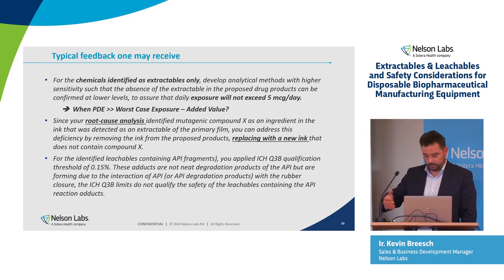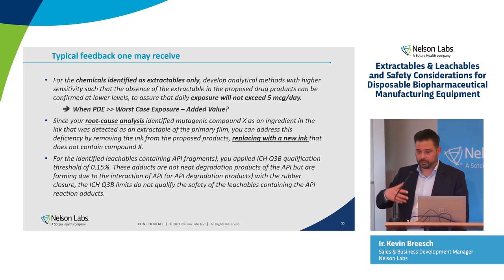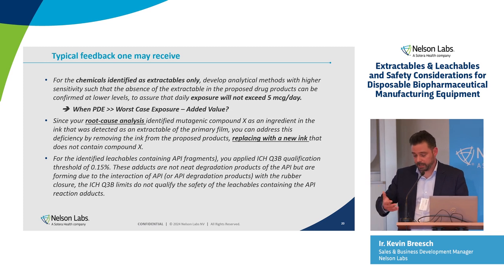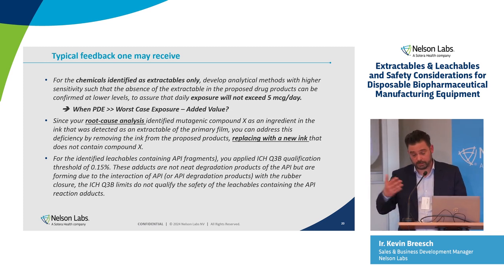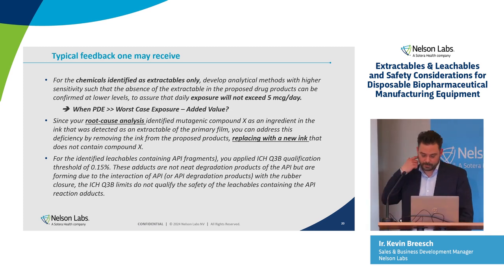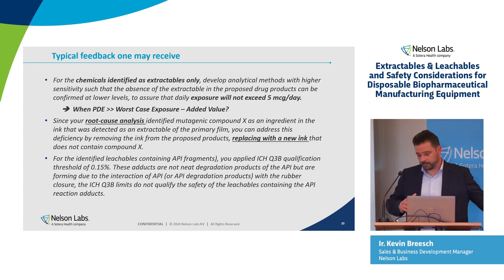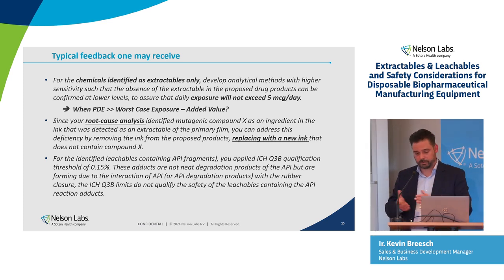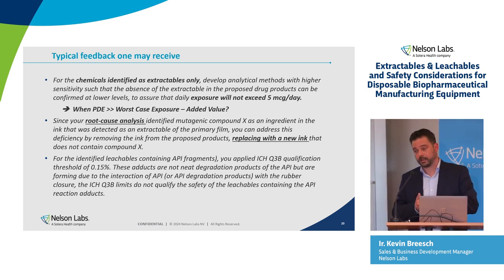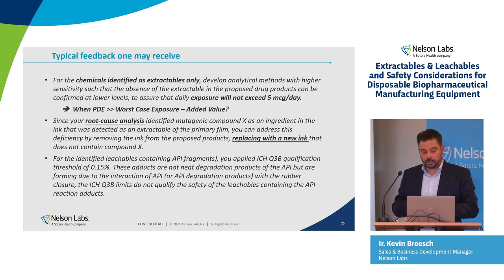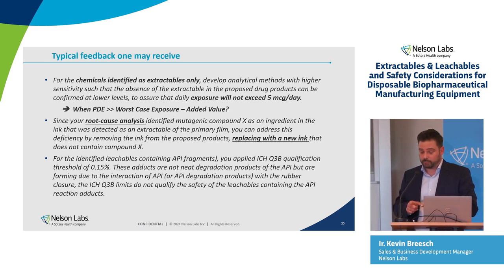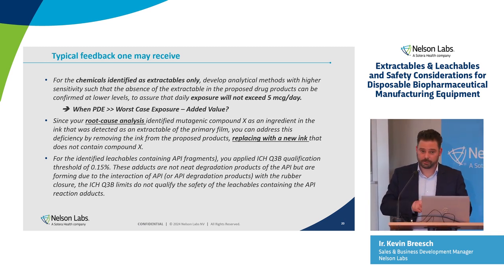Regularly, I get, without context, the request: prepare me a permissible daily exposure. It's mutagenic, we know. So you prepare, the best way you can, a conservative permissible daily exposure, and it's not accepted. Why? You need to know where your mutagenic impurity is coming from.